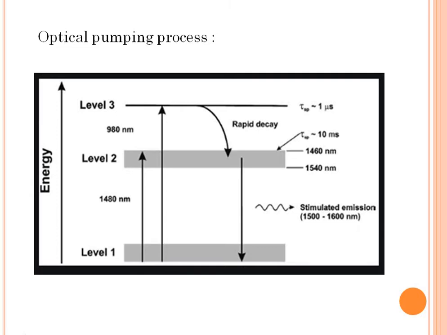A signal photon can then trigger the excited electron sitting in this new lower level into stimulated emission, whereby the electron releases its remaining energy in the form of a new photon with a wavelength that is identical to that of the signal photon.